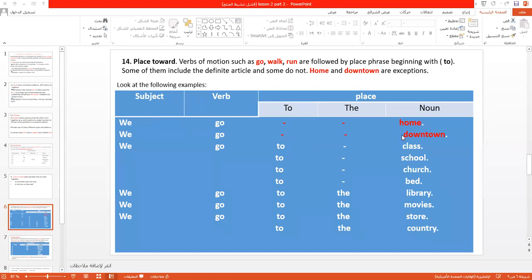Home and downtown come immediately after the verb, without to, without the. So we say we go home. Please do not say we go to home. Say we go downtown. Only these two words. But we say, for example, we go to the class, we go to the school, we go to church, etc.